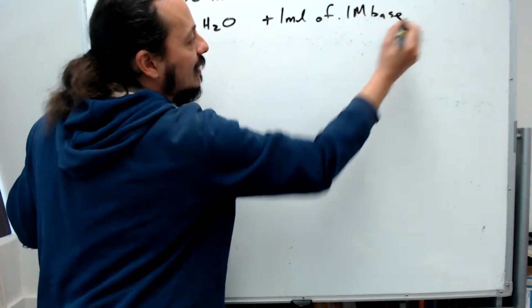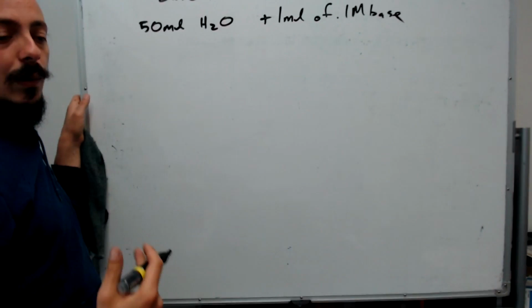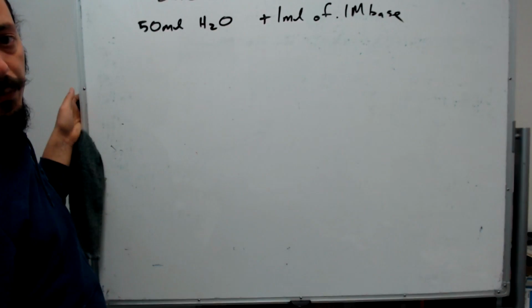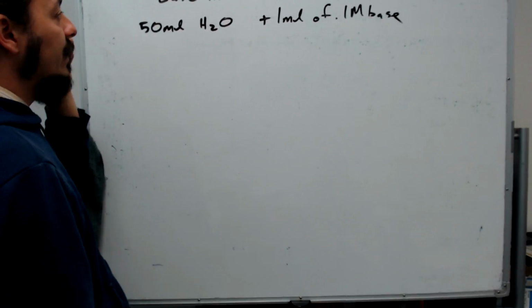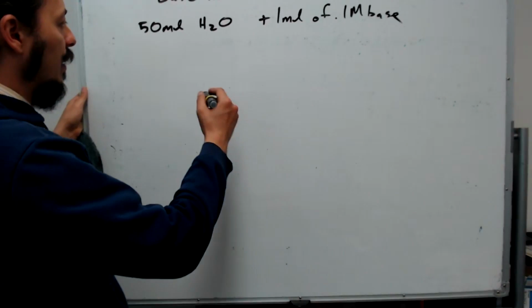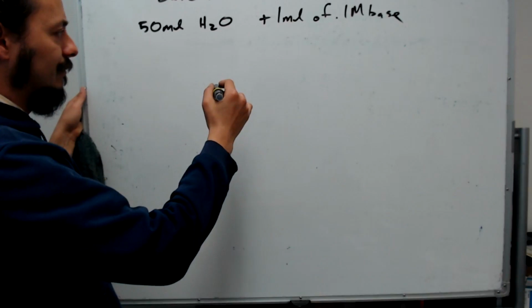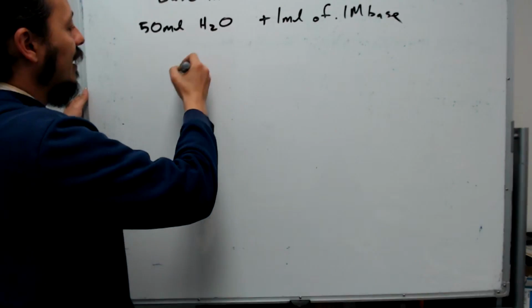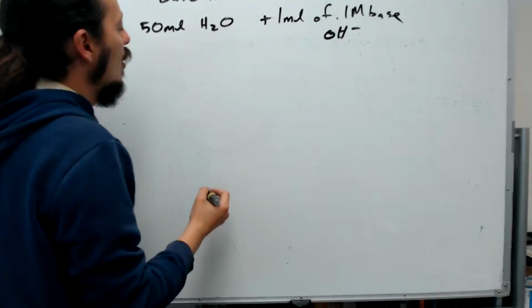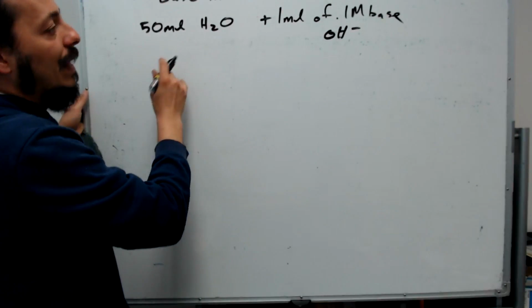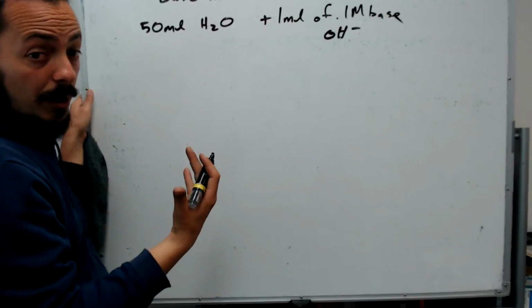Right, so we did this to our original buffer, we did it to our dilute buffer, and we did it to water. If we do it to water, we can essentially think about this as OH minus being added. We can think about this in terms of the H2O equilibrium. This is a common ion effect.